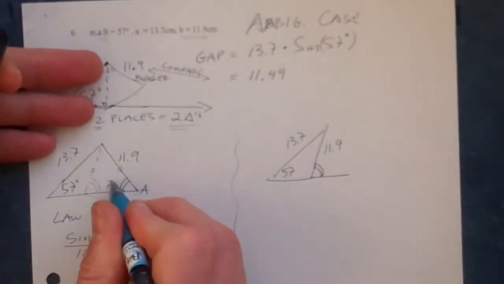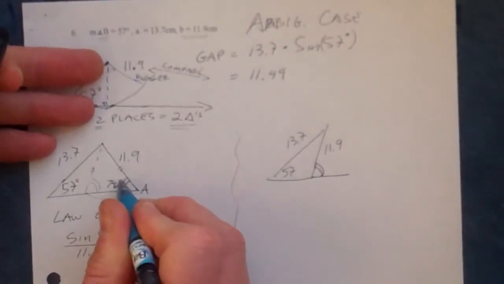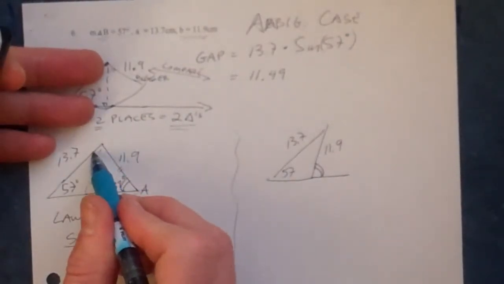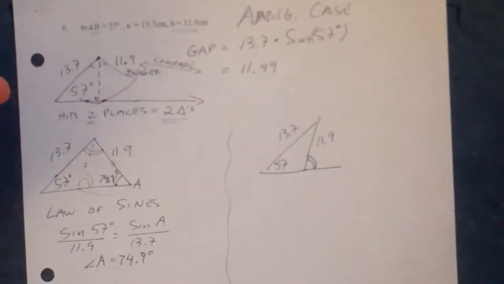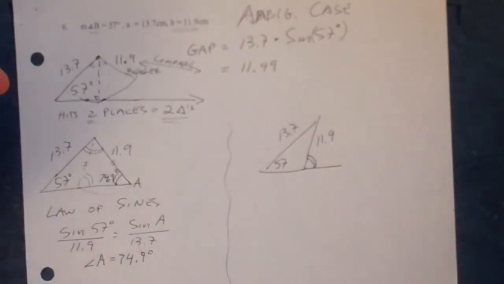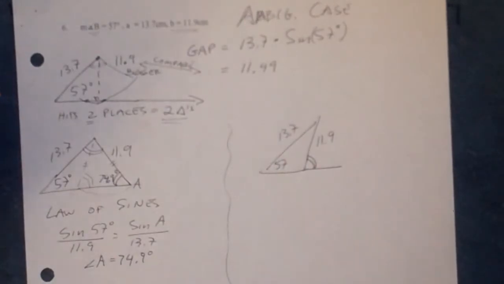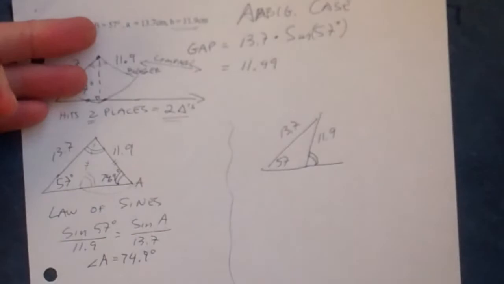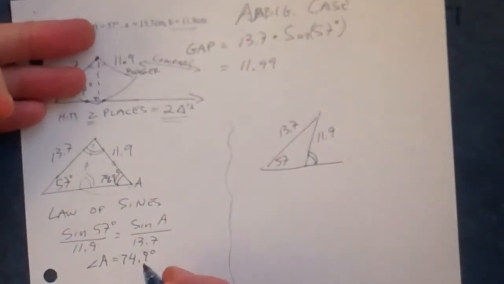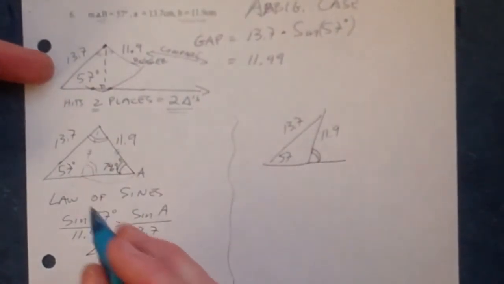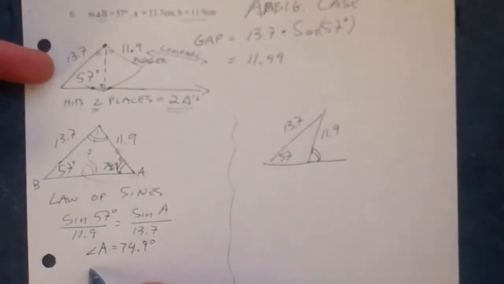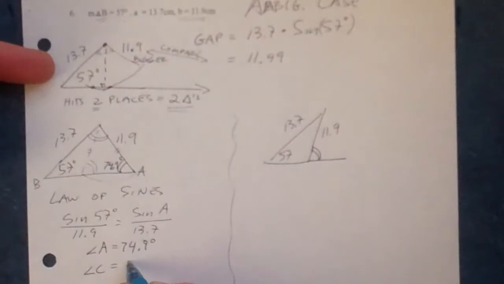Well, if this is 74.9 degrees, then I can find this angle up here. I'm going to add this to 57, and I'm going to subtract it from 180, and I get 48.1 degrees. So if that's A and that's B, that's going to be angle C is equal to 48.1 degrees.